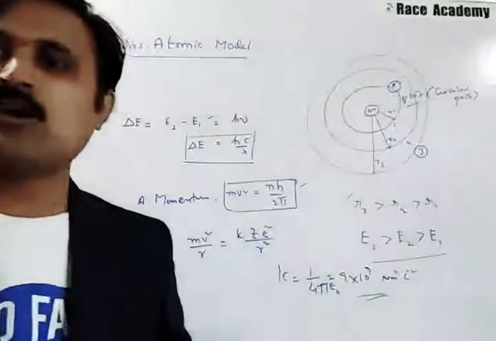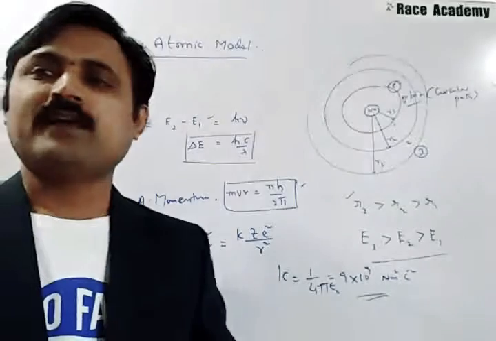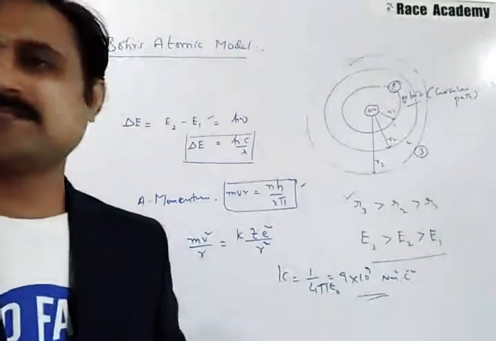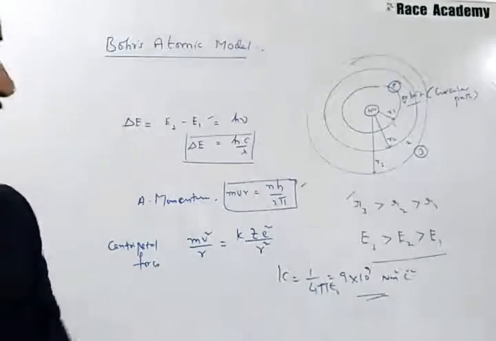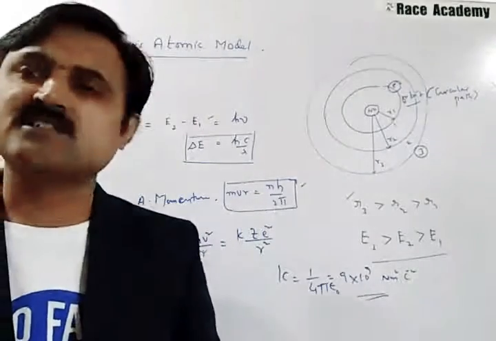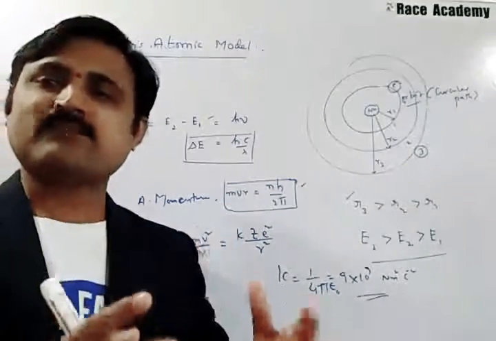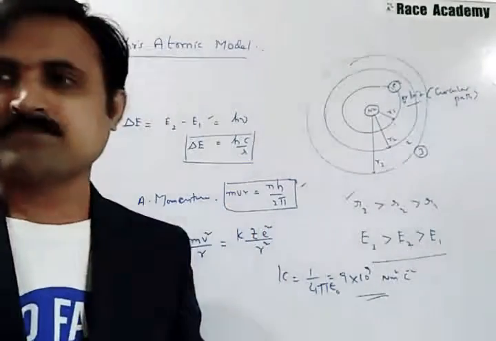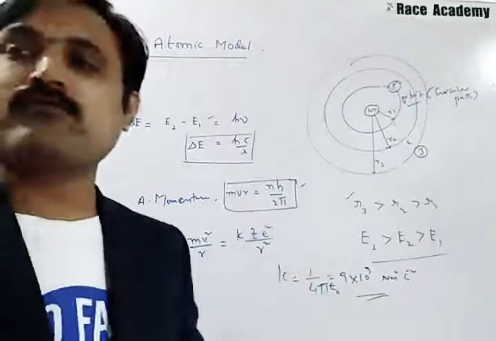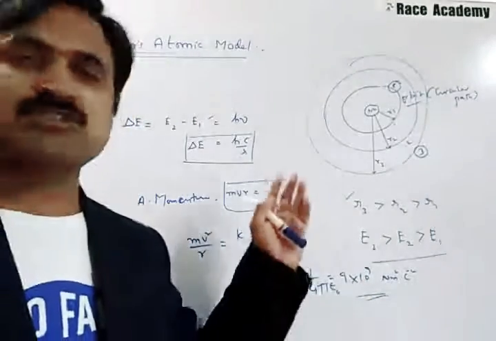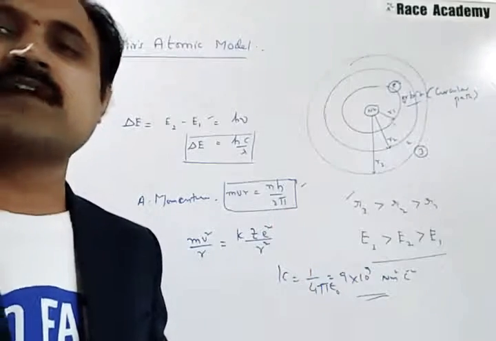The energy of an orbit increases when the distance from the orbit to the nucleus increases. An electron does not radiate energy as long as it revolves in a particular orbit, and it emits or absorbs energy when it makes a transition from one orbit to another.